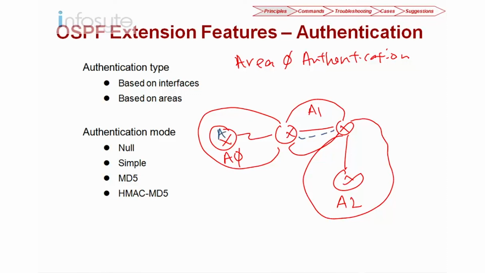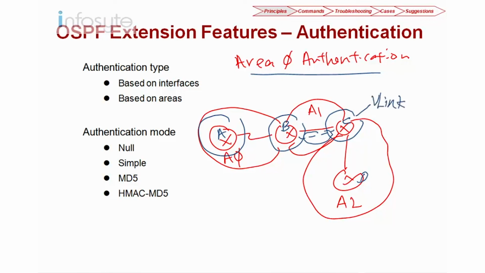Let's say these are routers A, B, C, and D. I want to perform area 0 authentication. I need to configure on router A, router B, as well as router C, and on the virtual link I need to perform virtual link authentication, because the V-link is also equal to area 0. So you need to be aware of this, and you need to perform it on the V-link as well.